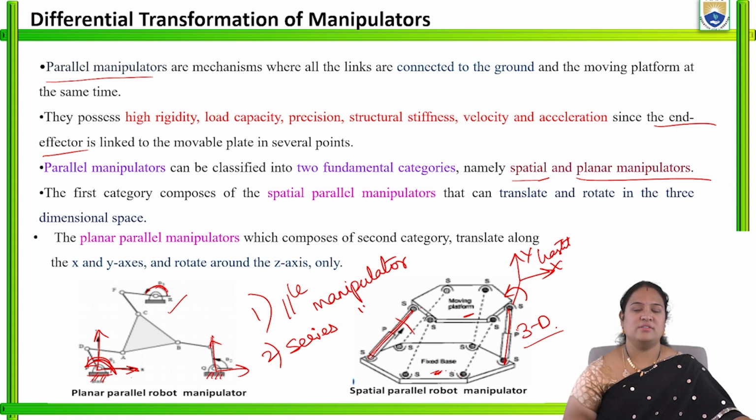Some of the applications of this serial manipulator are picking and placing of objects, or assembly and disassembly of objects, and whatever application is used in industrial robots. Right. Hope you have understood about the four types of motions, and you have understood about the differential transformation of manipulators. Right. Thank you.